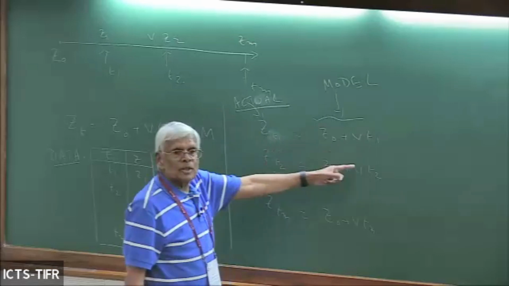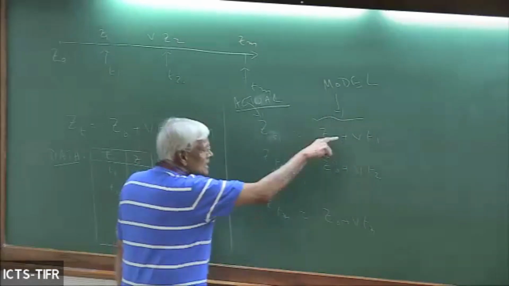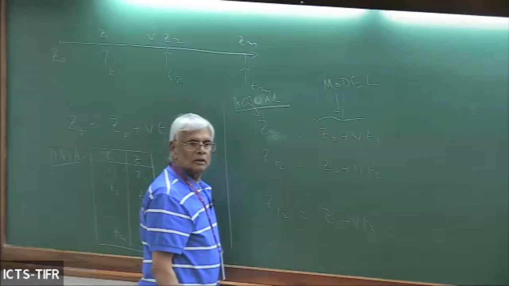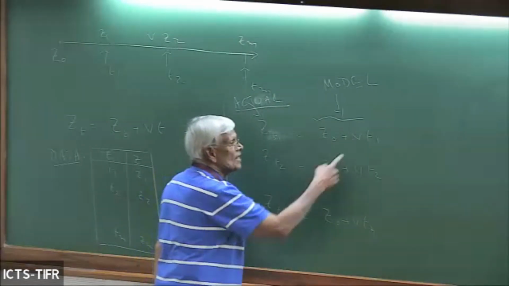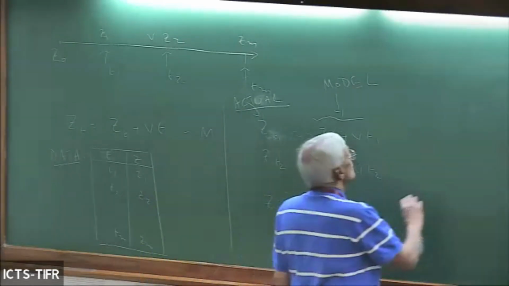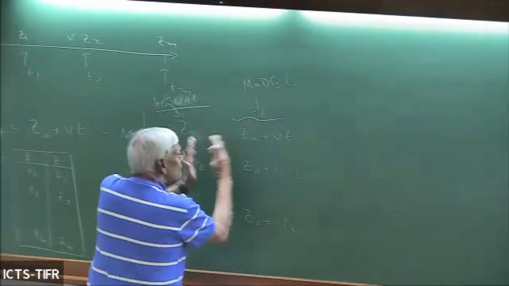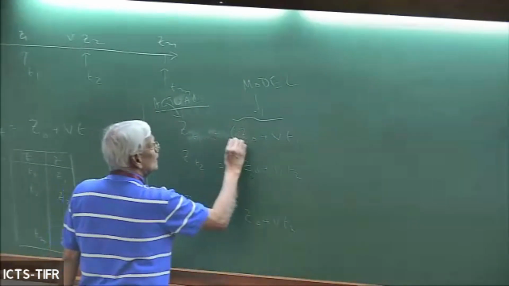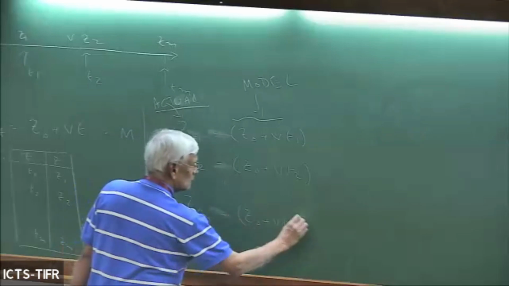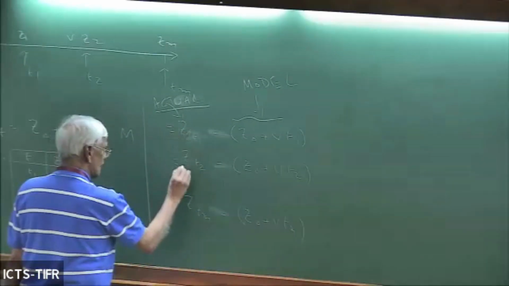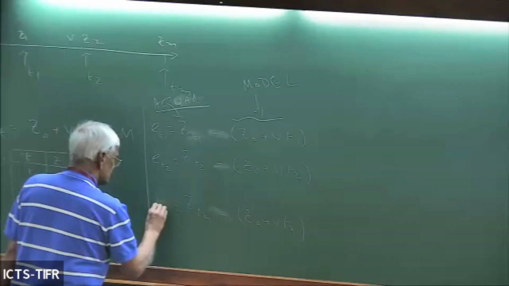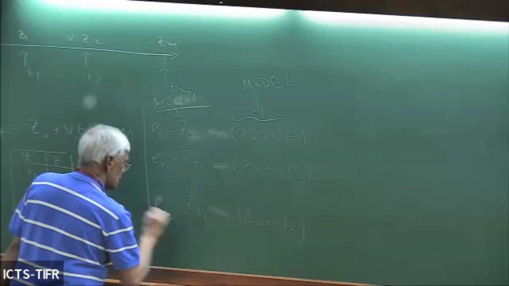The difference: what would I like to make? I would like to make each of these equalities true. I don't know how to pick Z0 and V that will render this an equality. So to do that, what am I going to do? I'm going to compute the difference between the two, and I'm going to call these errors, E T1, E T2, up to E TM.